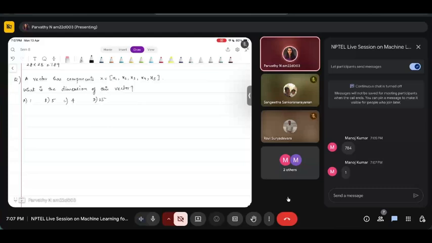The dimension of a vector is the number of components it has.